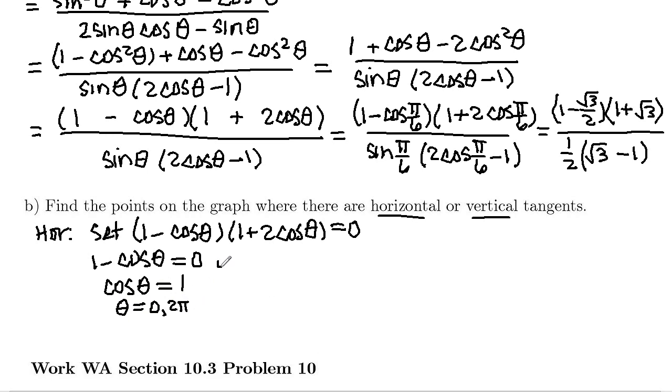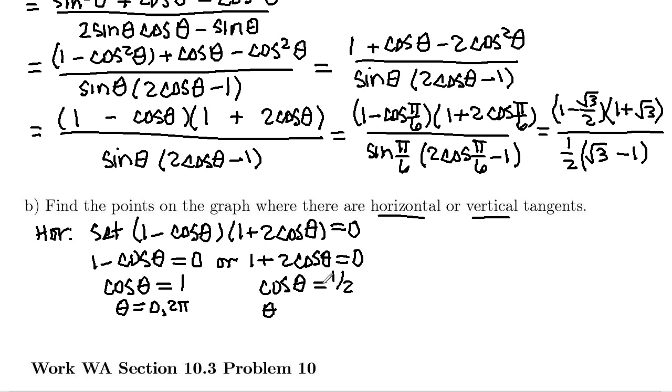And then, or this piece equals 0. 1 plus 2 cosine theta equals 0. Bring the 1 over as a negative, divide both sides by 2. So cosine theta is 1/2. And then we want the angles that have x-coordinate 1/2 on the unit circle.